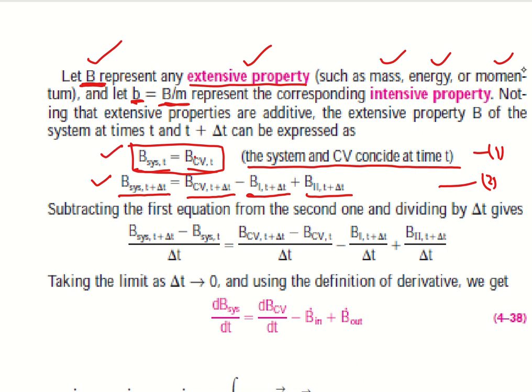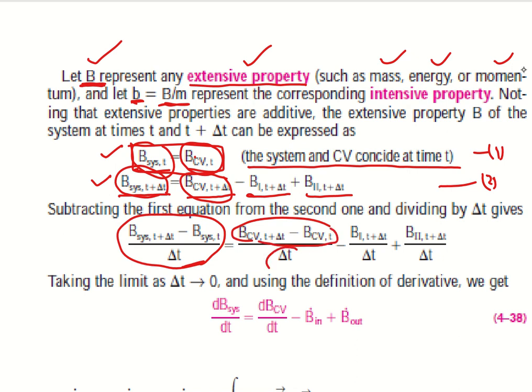So 2 minus 1 divided by delta t. So left hand side of the equation is B system t plus delta t minus B system t divided by delta t. And here BCV at t plus delta t minus BCV t, divided by delta t, and minus b1 t plus delta t divided by delta t plus b2 t plus delta t divided by delta t.